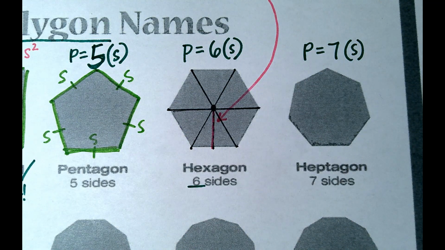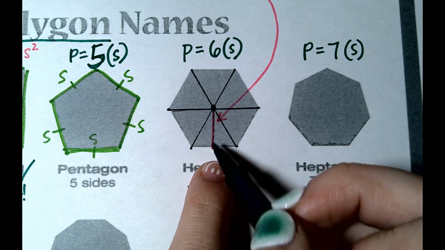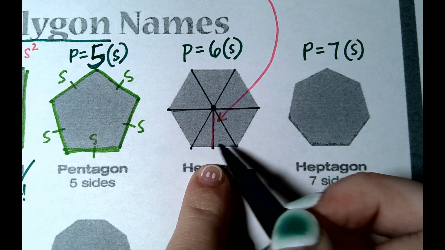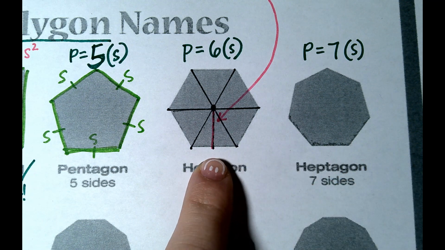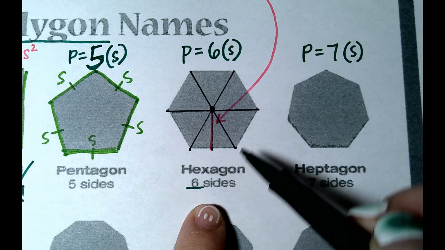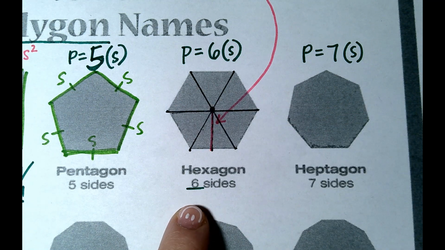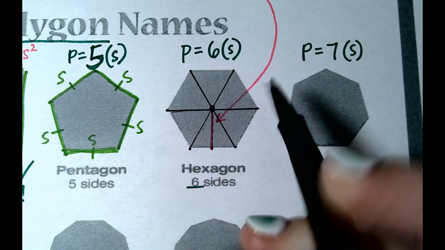Okay, and so what this apothem is, it's giving us the height of this little triangle here. So inside of a hexagon that is 6 sides, there are 1, 2, 3, 4, 5, 6 triangles. Do we see that? There's 6 triangles.